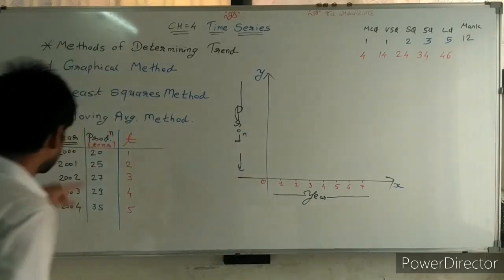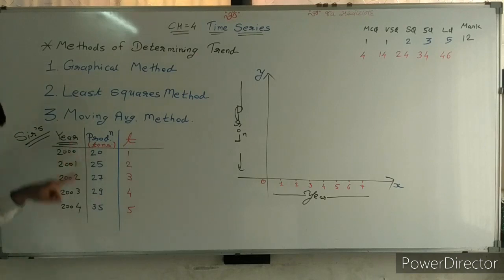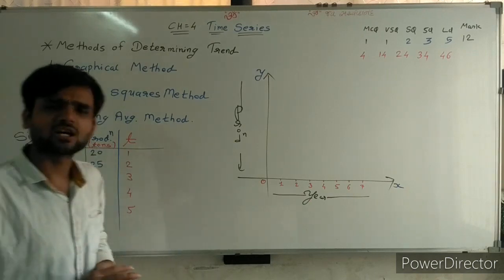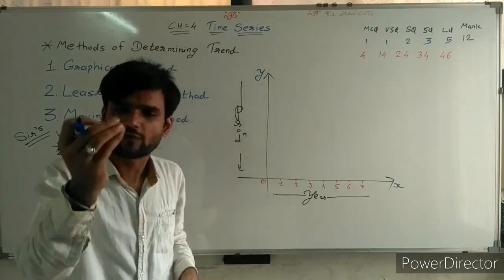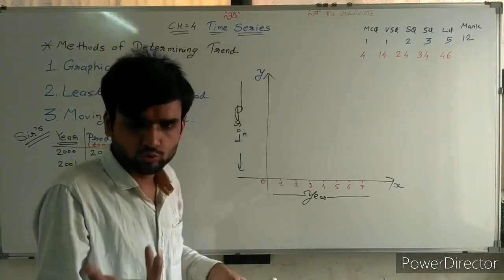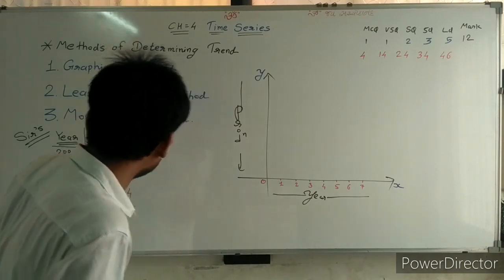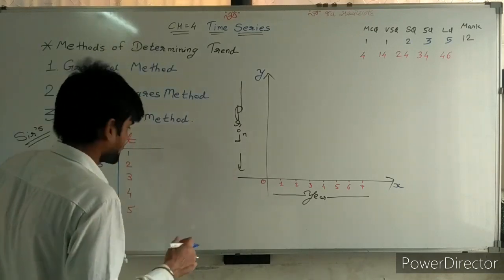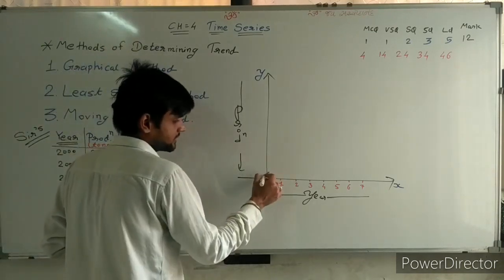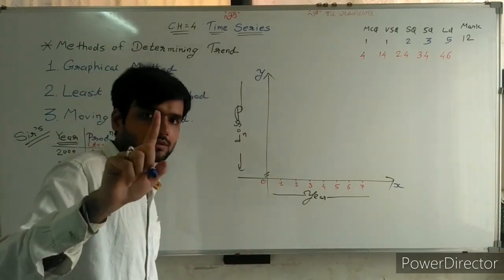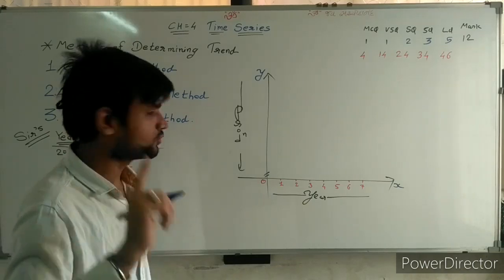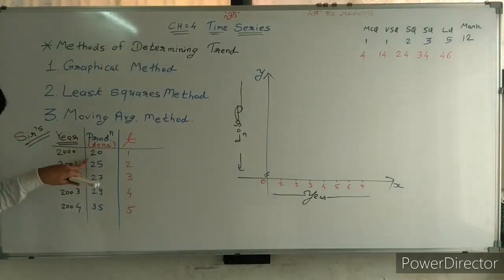Now, sir, we need to cover 20 to 35. How can I cover it? I can take a gap of 5, or 2, whatever you need to take. Suppose I am taking a gap of 2: 1 centimeter is equal to 2 tons.